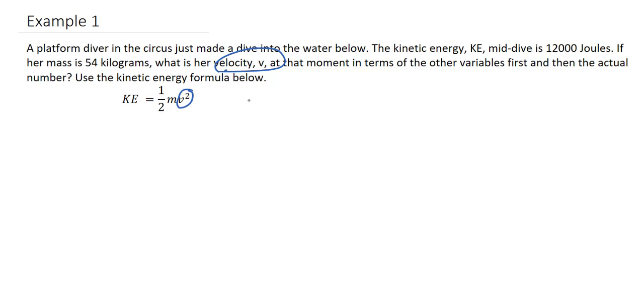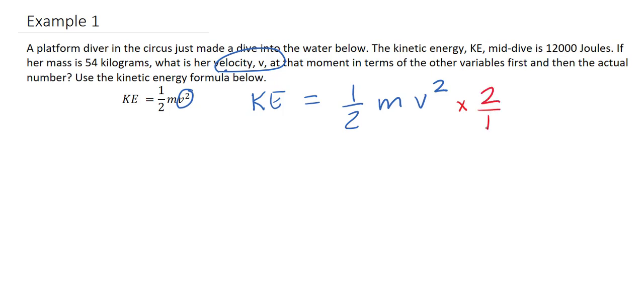So let's go ahead and rewrite this. We have kinetic energy equals 1/2 mv squared. Now we have 1/2, so let's get rid of that on the right-hand side because we want v all by itself. So we're going to multiply by 2.